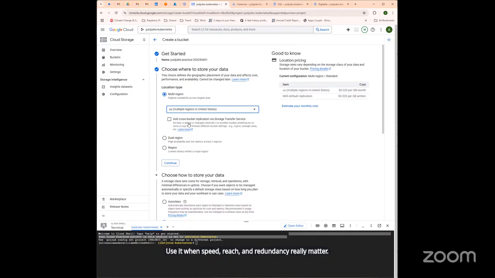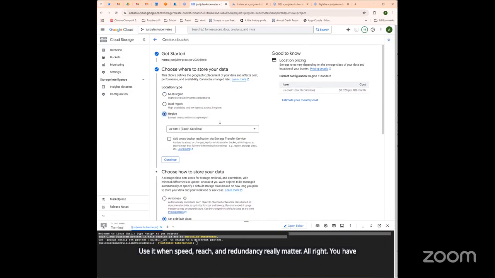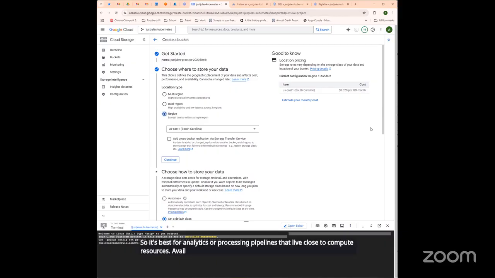All right. You have regional, right? This is stored within a single region. So it's best for analytics or processing pipelines that live close to compute resources. Availability is 99.9%, but it's still highly durable. And it's slightly cheaper than multi-regional.